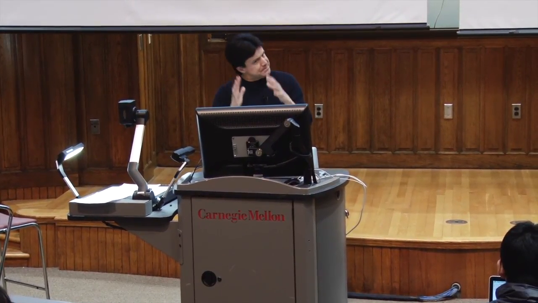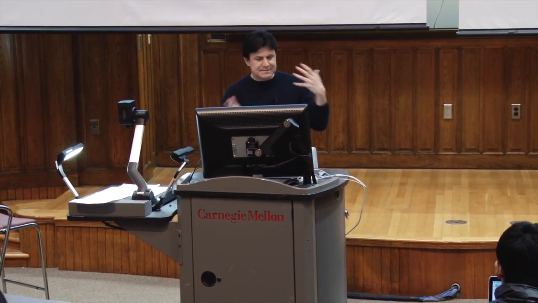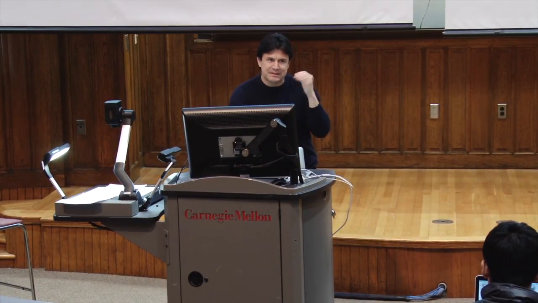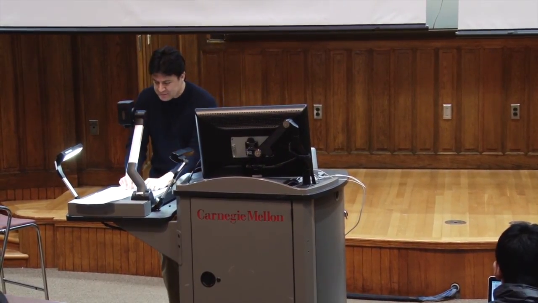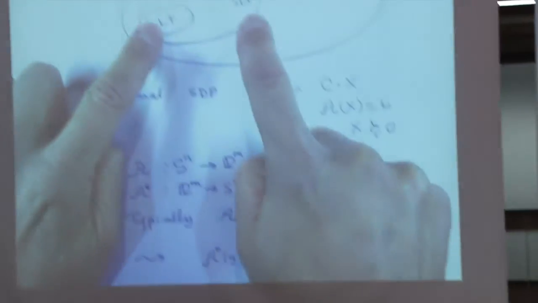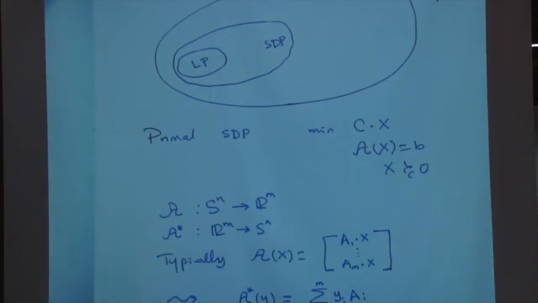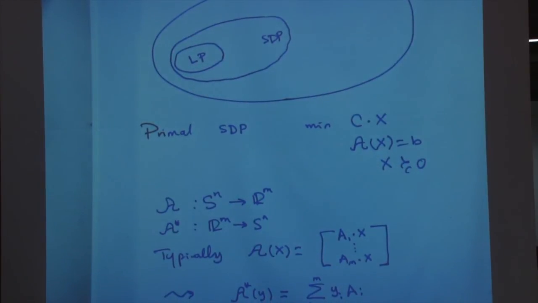But if the primal problem is feasible and bounded, then we have this very nice duality in linear programming. In semi-definite programming, there is a subtle distinction, and I want to spend a little time on this because it's a neat way of appreciating the differences between linear and semi-definite programming. There are many similarities, but also some key differences. Duality is one of those.